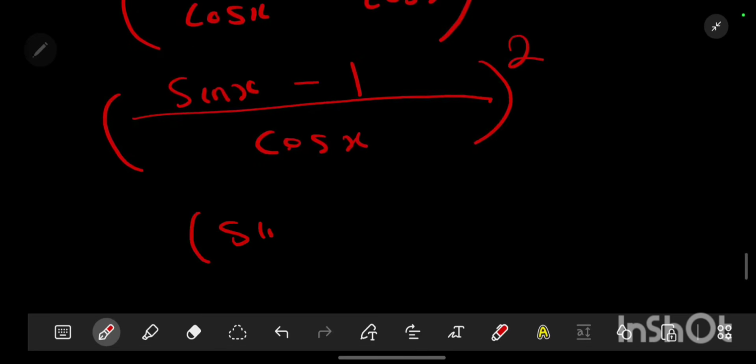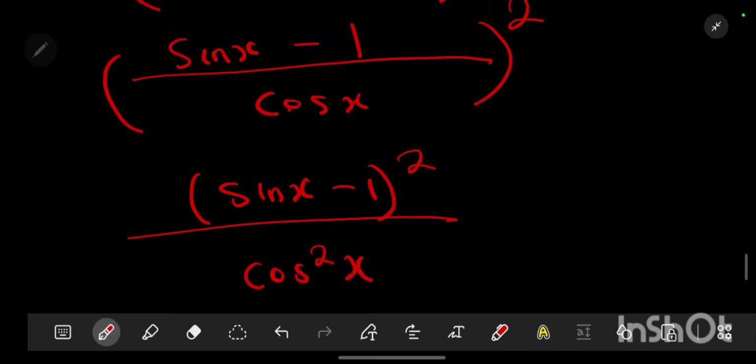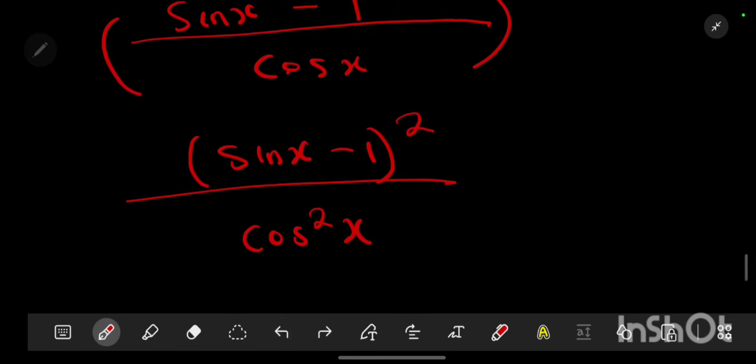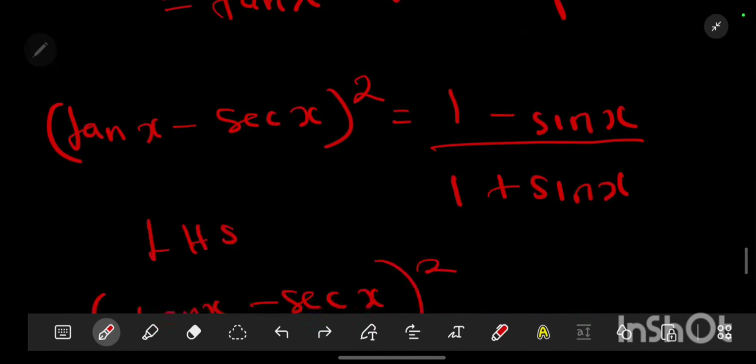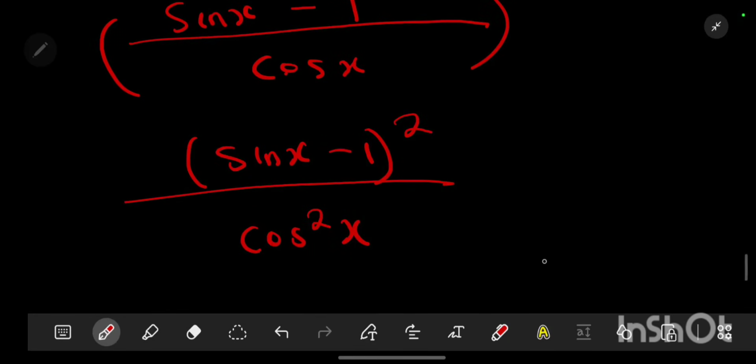So we are going to have sine of x minus 1, squared, over the cos squared of x, because this is affecting everything. It comes there, it comes here. That's the meaning. So with that said, as you can see, we want 1 minus sine of x. Now remember, cos squared x is the same as 1 minus the sine of x.